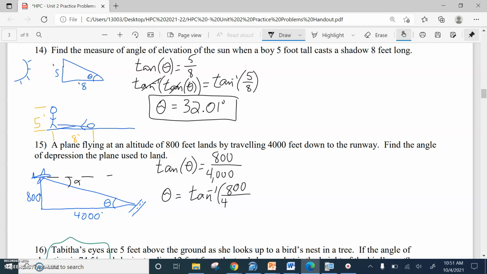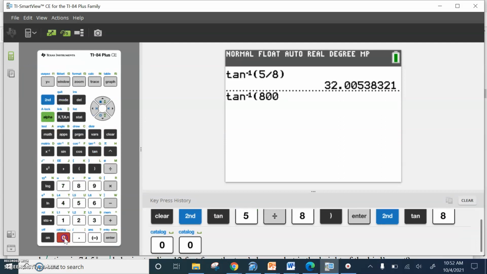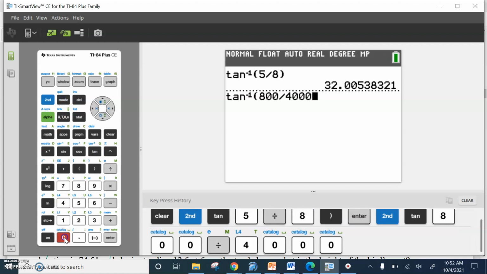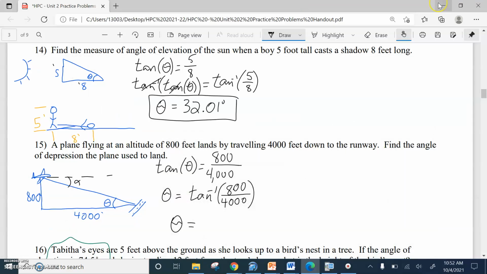So we get theta, again, we plug that in, tan inverse of 800 over 4,000, so second tangent key, close that parenthesis, is 11.31 degrees. Again, you check, it says find the angle, so our answer is an angle. Make sure you get your units correct, and we're looking at about an 11-degree approach.